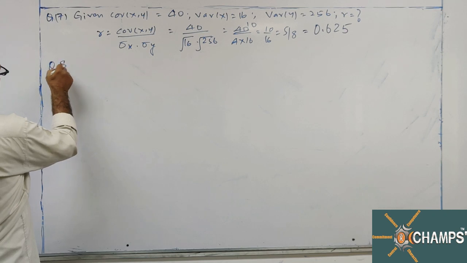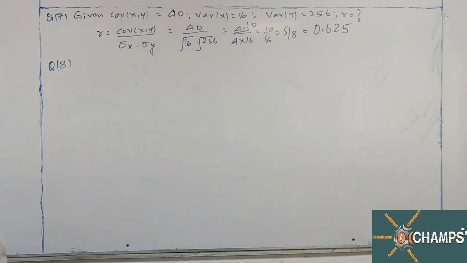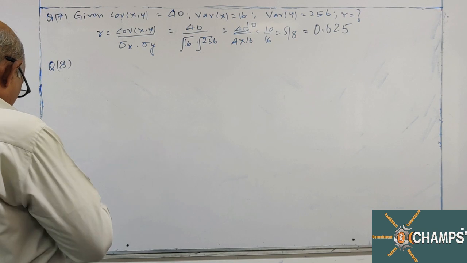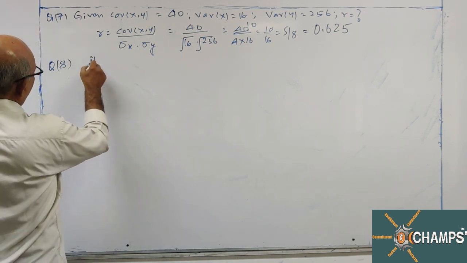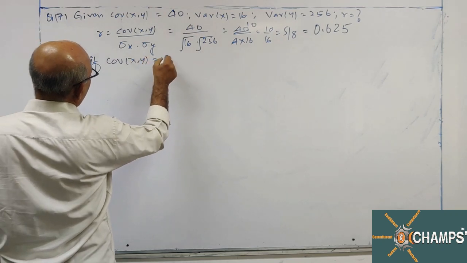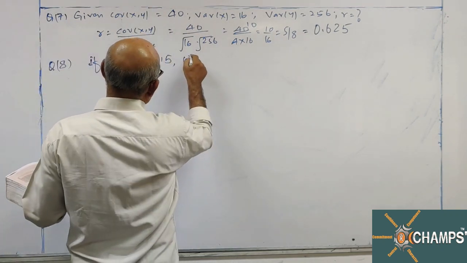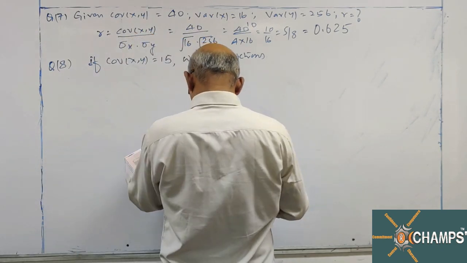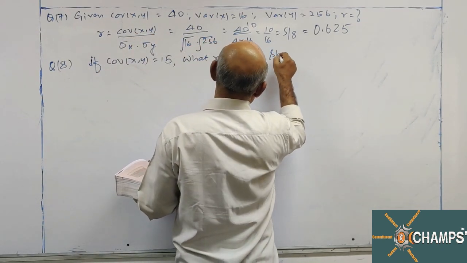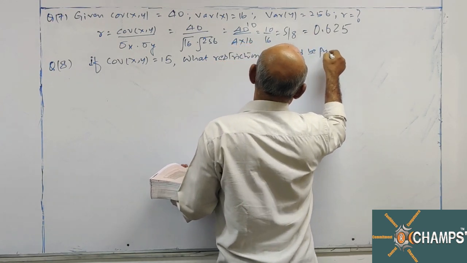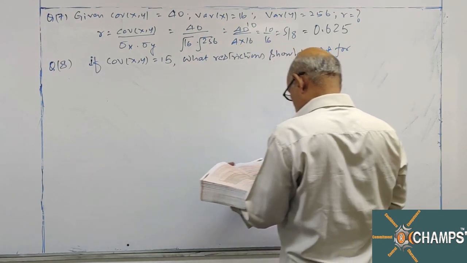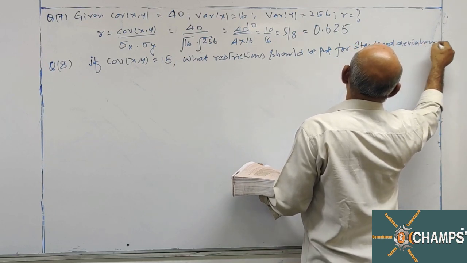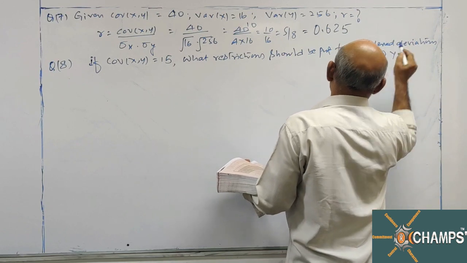Let's see the next question. Question number 8. If covariance of x comma y is equal to 15, what restrictions should we put for standard deviations of x and y?